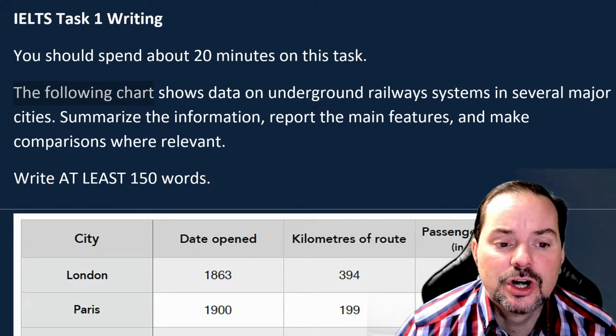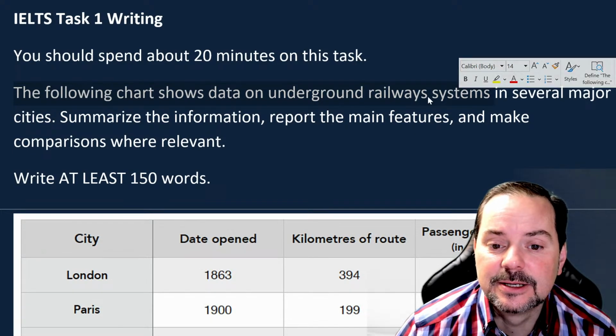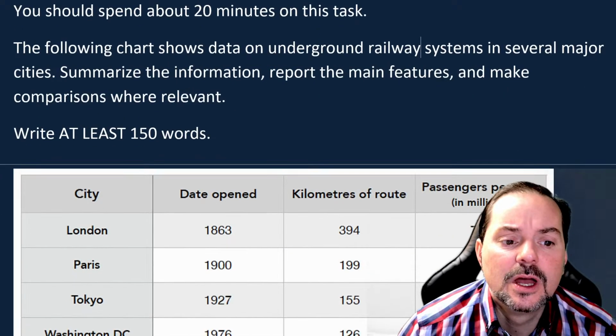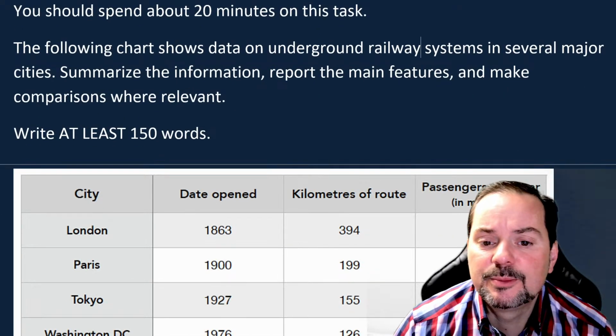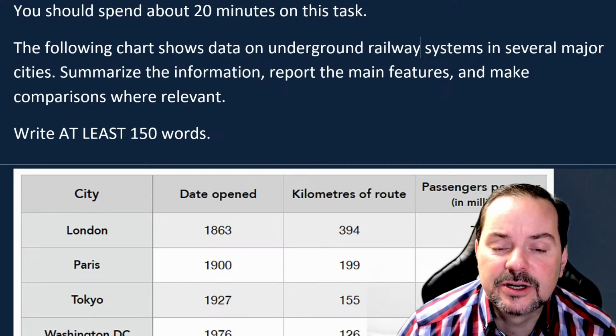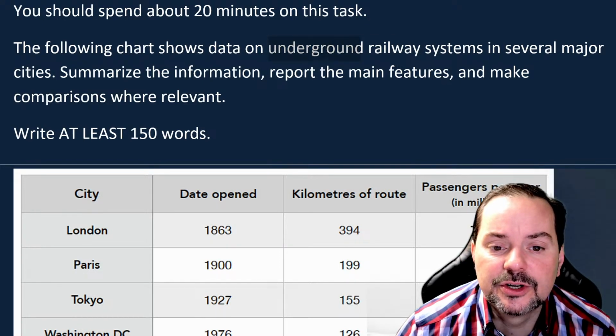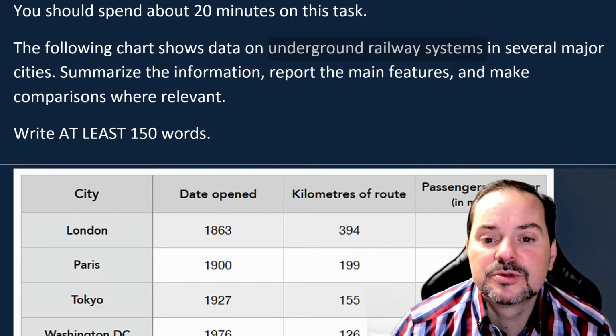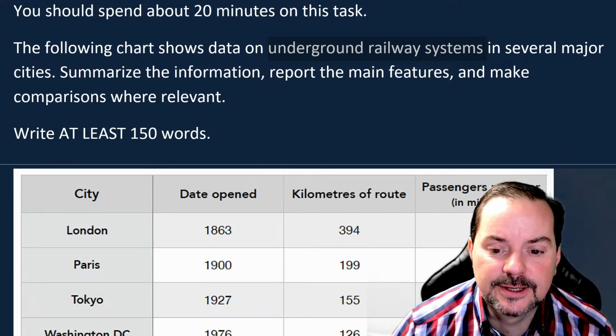The following chart shows data on underground railway systems in several major cities. Summarize the information, report the main features, and make comparisons where relevant. Now, of course, an underground railway system is a subway, also known as a metro system.